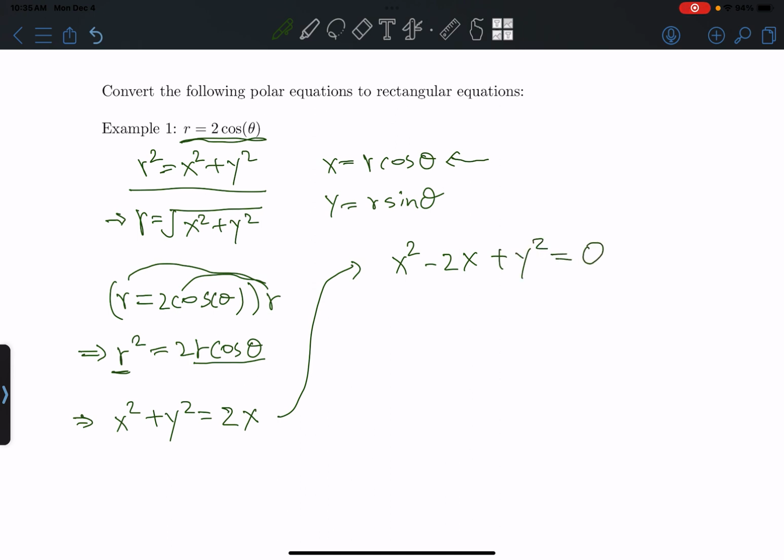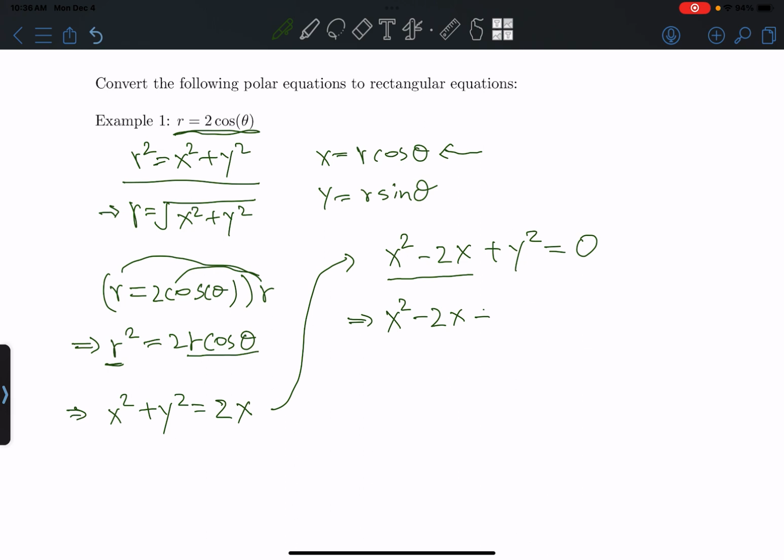And now we can complete the square using these two terms. Just to remind you what completing the square is, I'll write this one out. x squared minus 2x, leave some room. We're going to add some number and subtract the same number, so I don't change the equation. And then we'll copy the rest.